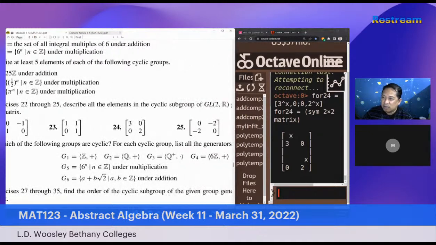Can you solve for 25, Michaela? You could type it in Octave if you want.